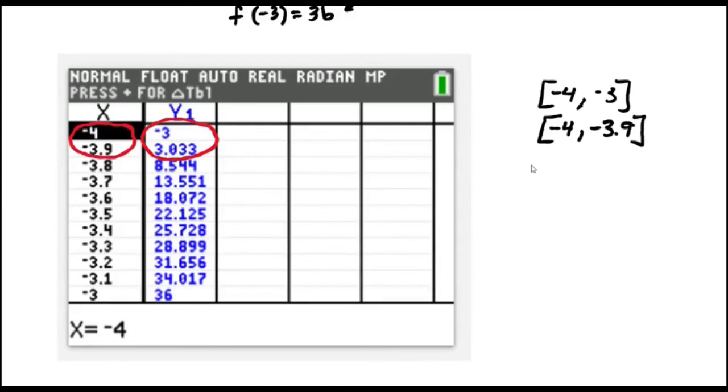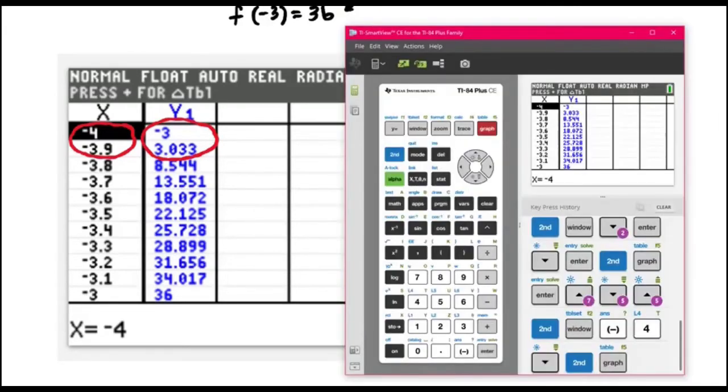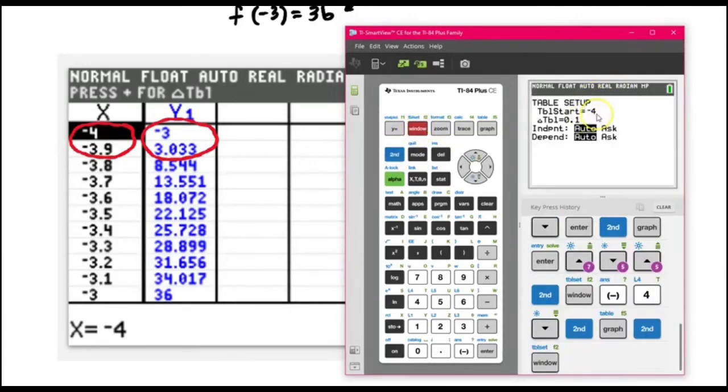So I want to narrow it down even more, and so what I'm going to do is change my table set once again. If I adjust my table set, I still want the table to start at -4, but now I want my change in values to be even smaller.